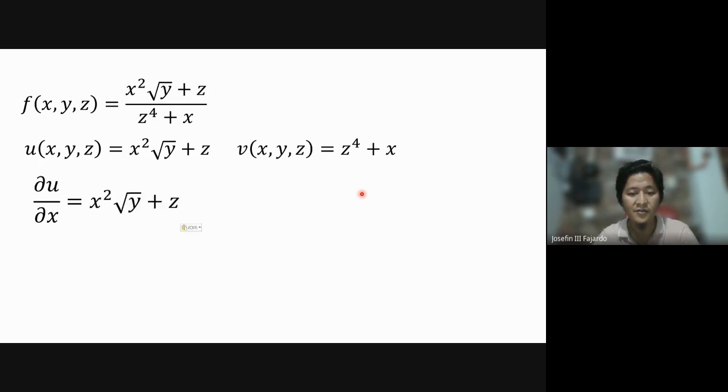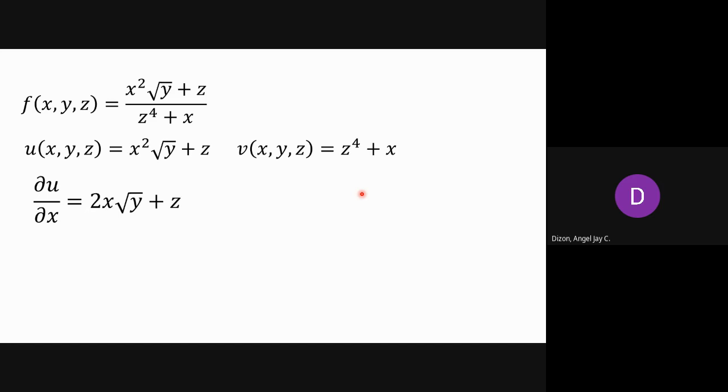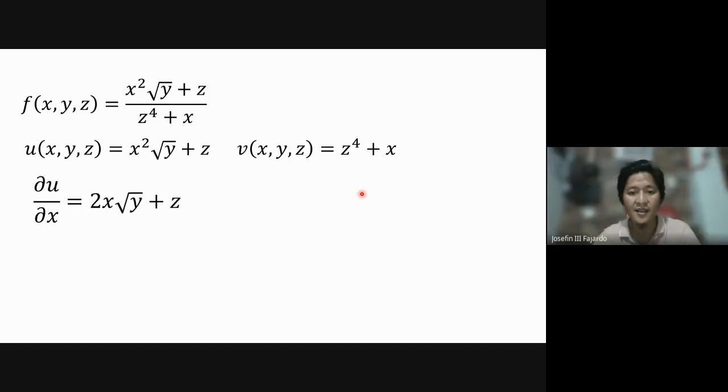Okay, bago natin kunin derivative, anong derivative ni x squared ulit? So this will become 2x. And then yung z, tatanggalin natin si z, right? Partial derivative niyan ay 0. Right?